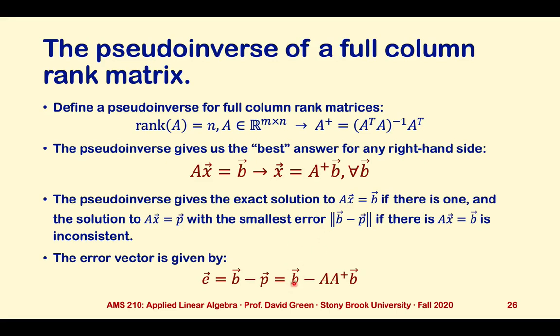And it's given by b minus A pseudo-inverse times b. Okay? If we get an error vector of 0, it means we had an exact solution. If we have an error vector that is close to 0, it means we have a good approximate solution. If we have an error vector that is far from 0, it tells us that we have an approximate solution, but maybe not a great one.